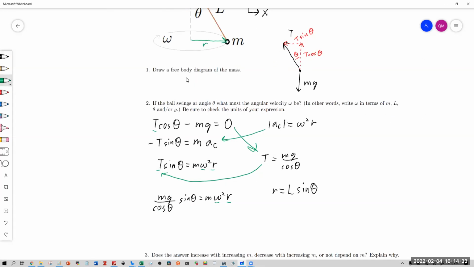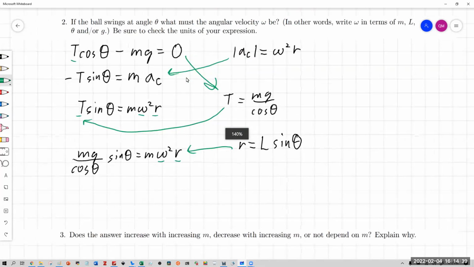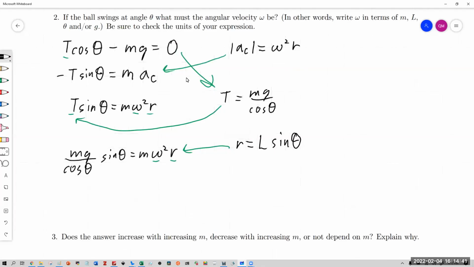We plug that in, and we get mg over cosine theta times sine theta is equal to m omega squared times sine theta. We can cancel our sine thetas.